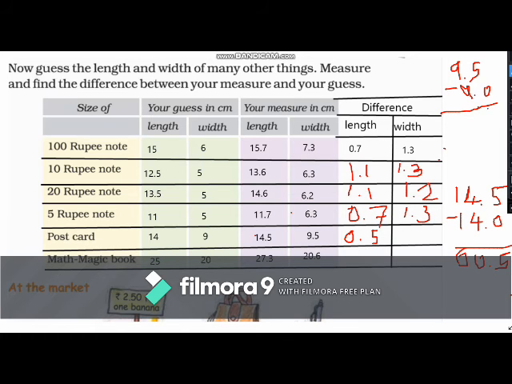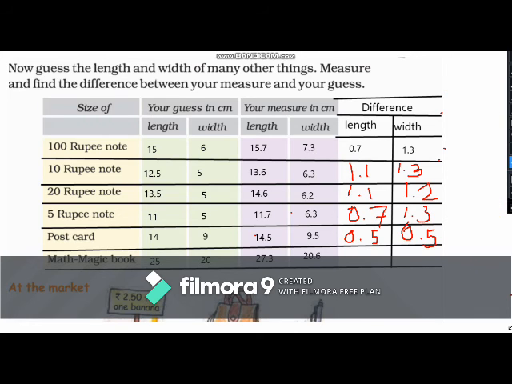So here 5, here the decimal point, and here 0. So 0.5 centimeter is the difference between our measure and guess of the width of the postcard.